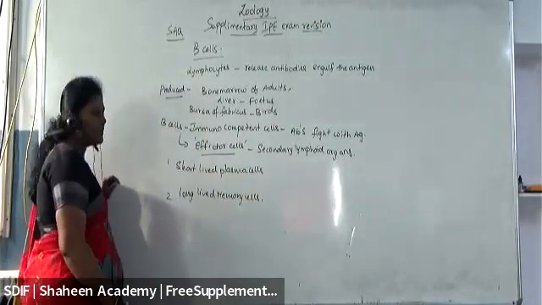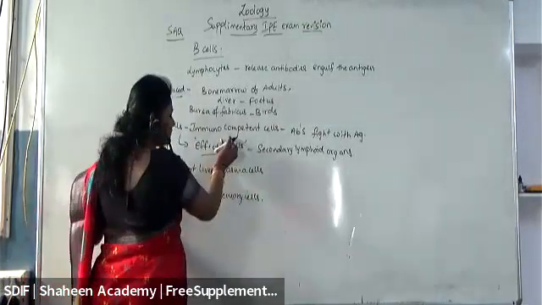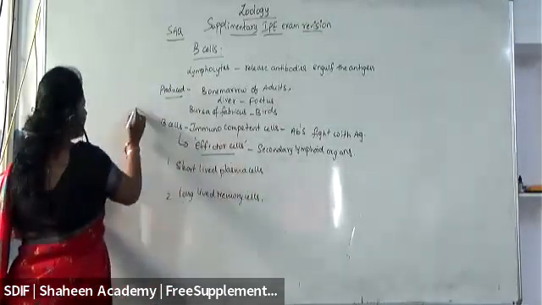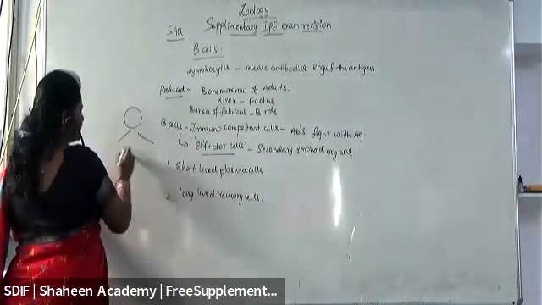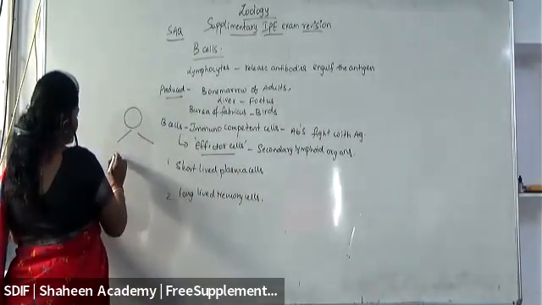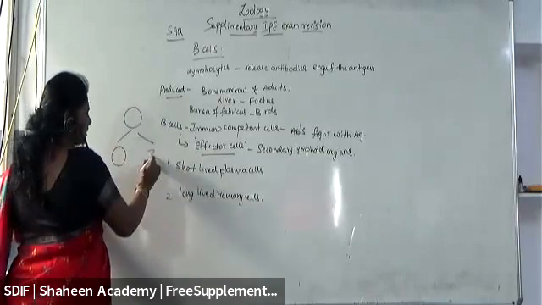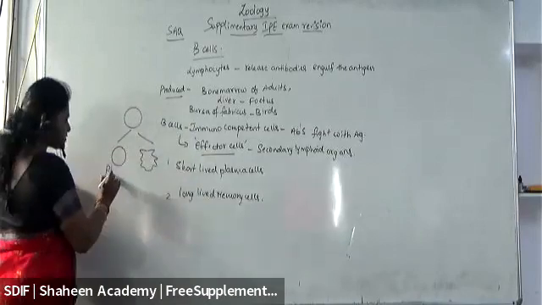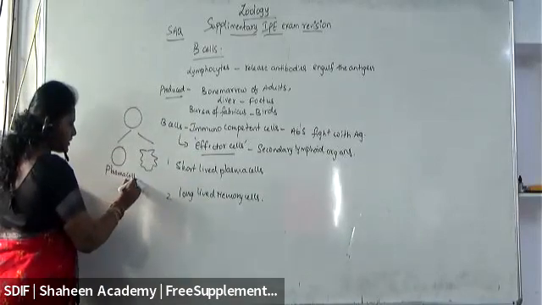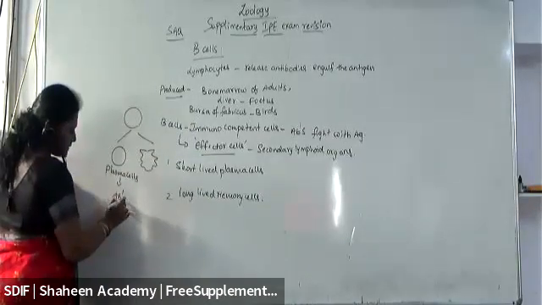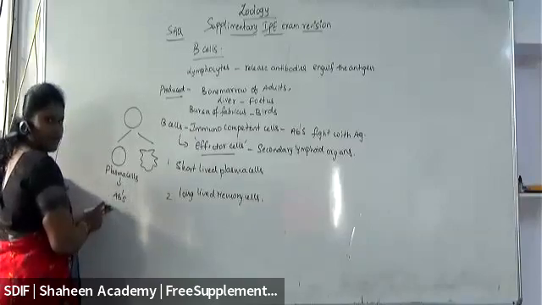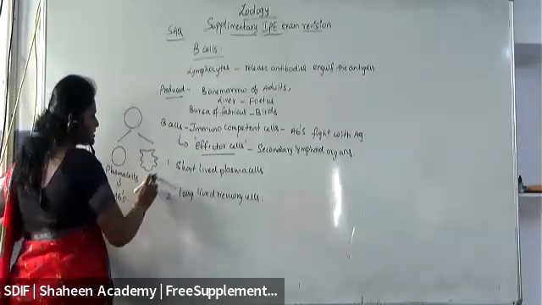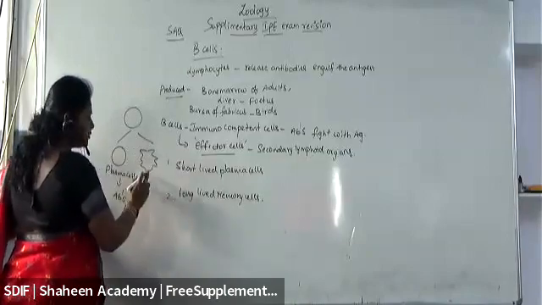So the B lymphocytes, when they enter into secondary lymphoid organs, get differentiated into two types of cells: plasma cells and memory cells. The plasma cells are short-lived and secrete antibodies, whereas the other type are long-lived memory cells.